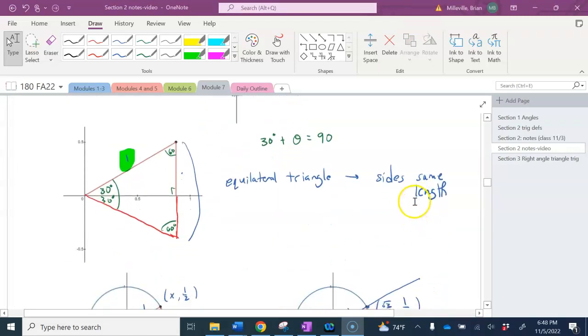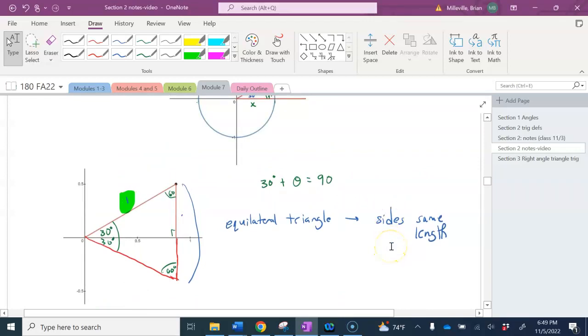What I've done down below here is redraw the 30, 60, 90 triangle in the first quadrant. Now, I'll try to reflect that over the x-axis to redraw that triangle down below there.